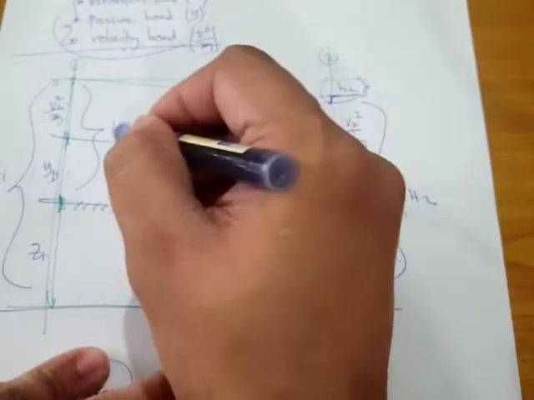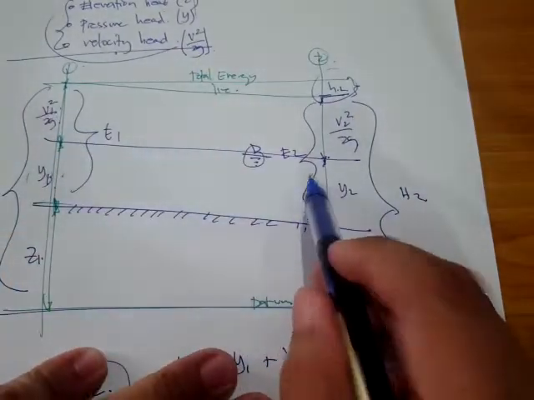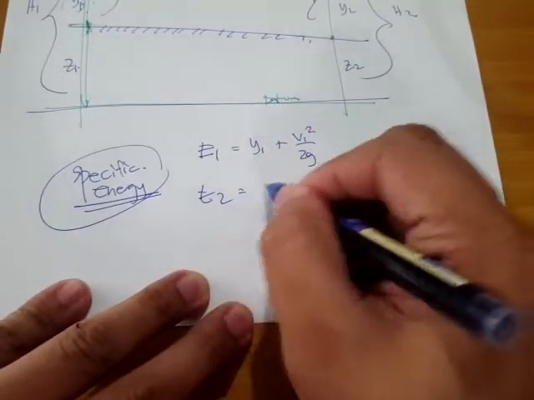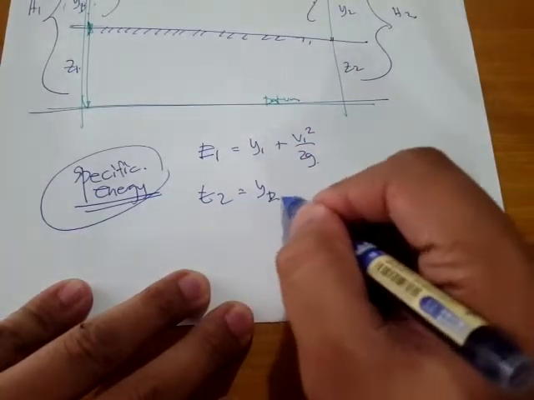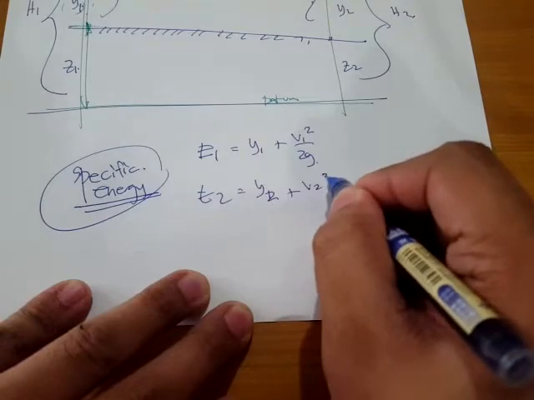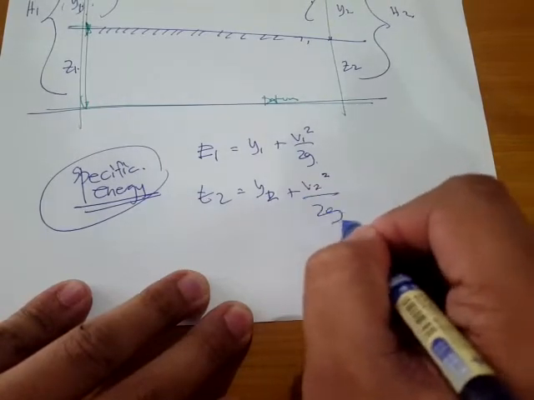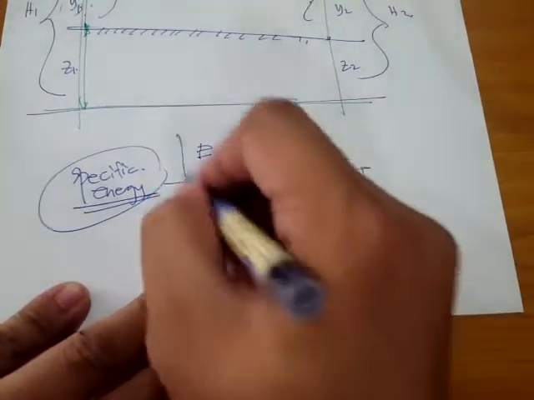So specific energy at 1 is y sub 1 plus the velocity head. And at section 2, the specific energy at 2 is just y sub 2 plus v2 squared all over 2g, right? So take note of that mathematical description.